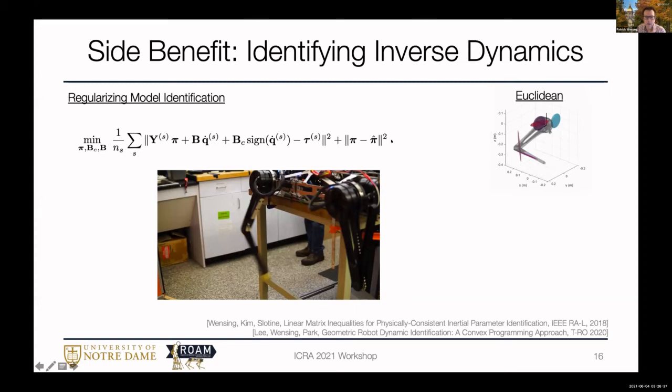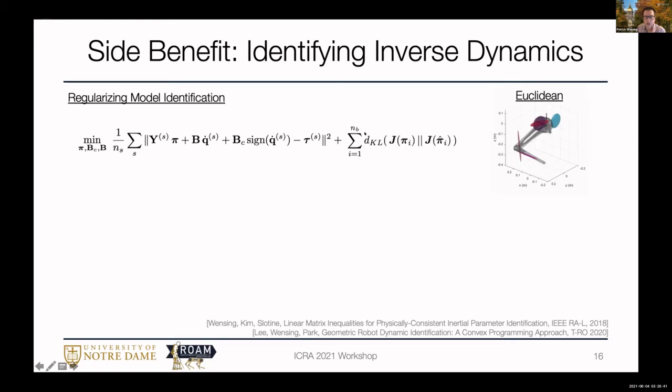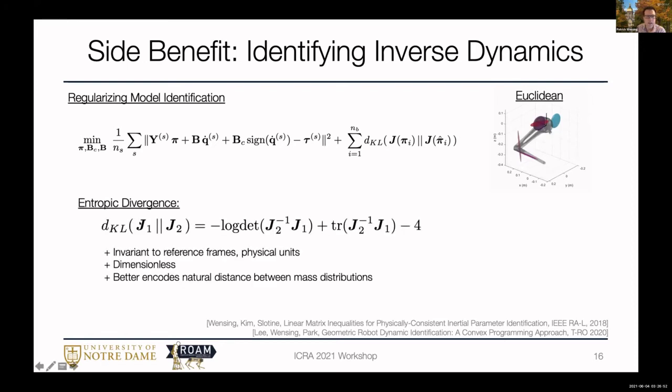Really, the culprit here is this Euclidean regularizer. We found that we can take that, drop it out, and put in a new regularizer that's also convex, that has this nice connection to entropy and the KL divergence.